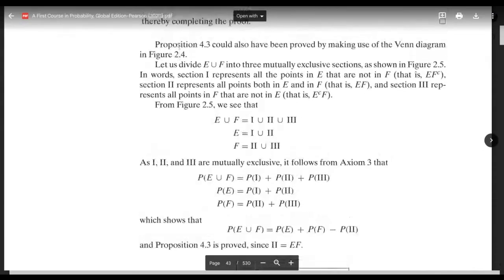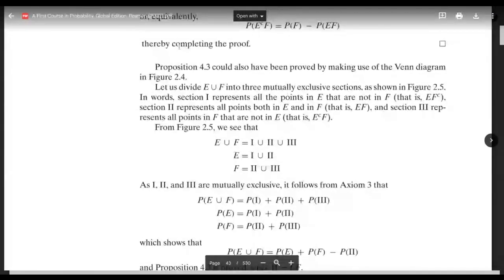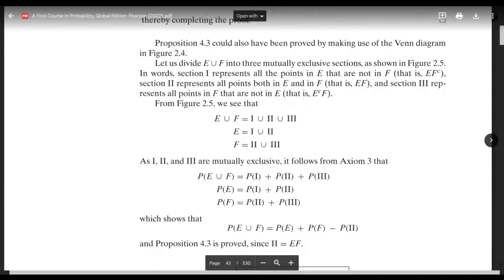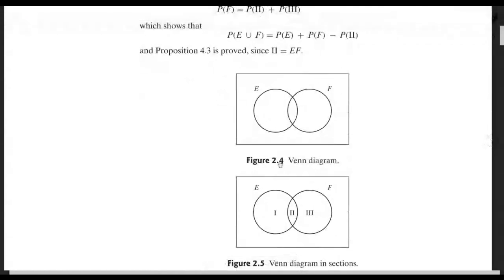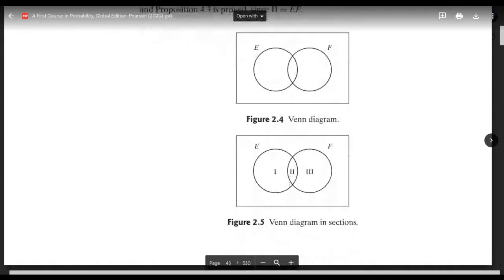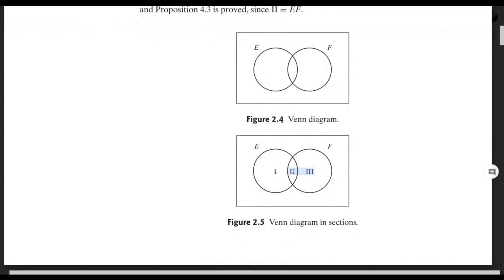So this proposition 4.3 could also be proved by Venn diagrams. Right, this is by Venn diagram. A Venn diagram is easier to see, right? Because if we have the probability of E union F, we see the intersection belongs to E and also belongs to F. So when we talk about probabilities, this middle part is being counted twice.